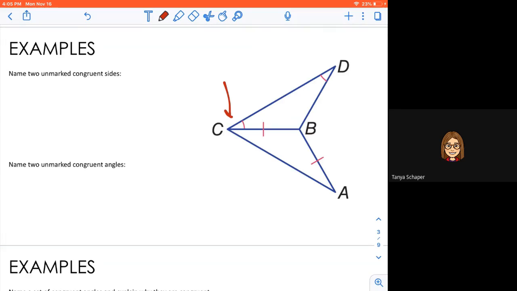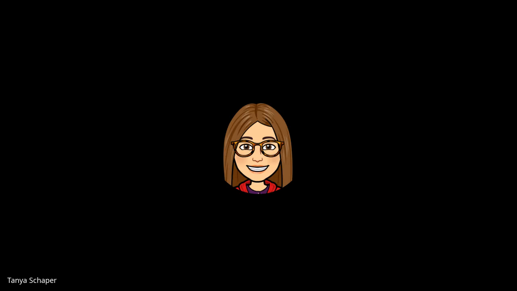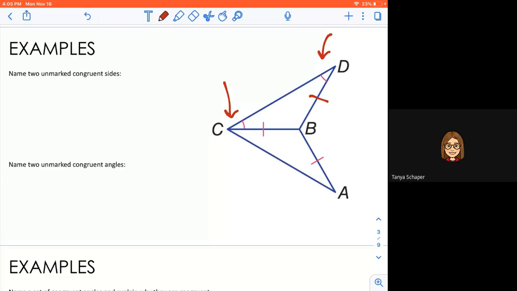I know that two angles are congruent, which tells me that their opposite sides are congruent as well. Then what we can do is say that CB is congruent to BD. All right, and I'm putting the name over the top of them.